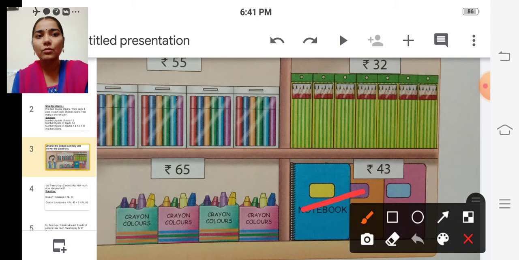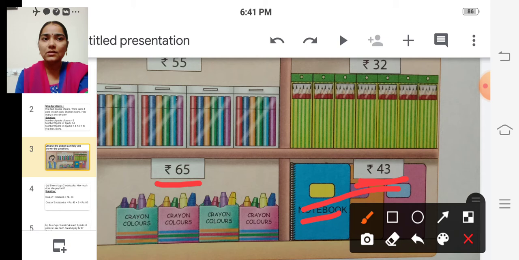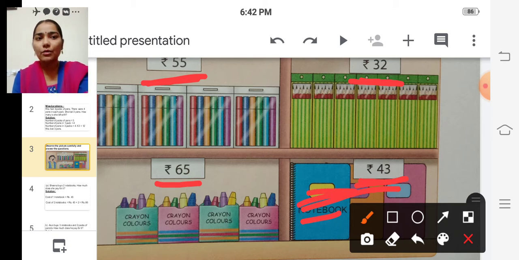And these are all notebooks. Each notebook costs rupees 43. Each pack of crayons costs rupees 65. Each pack of pencils costs rupees 32. Each pack of pens costs rupees 55. So what is the cost of one notebook? It is rupees 43.